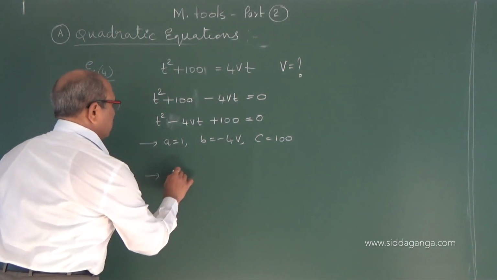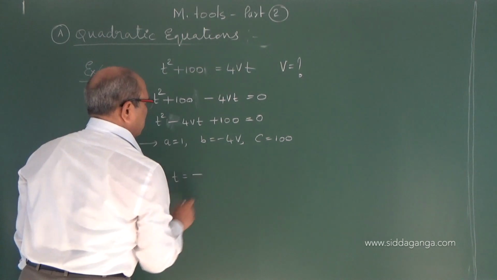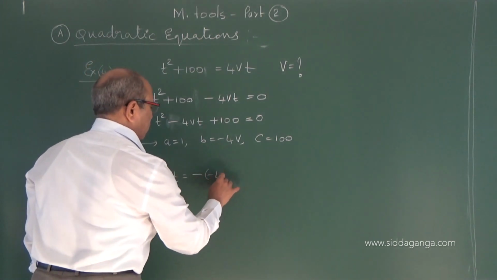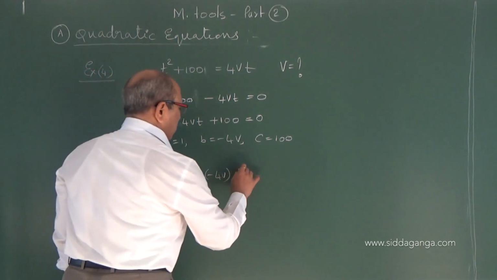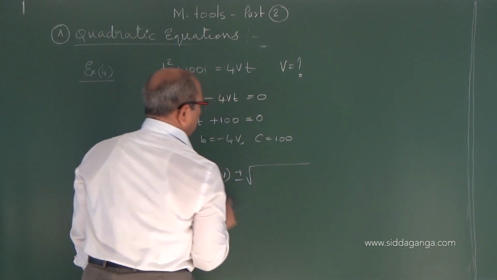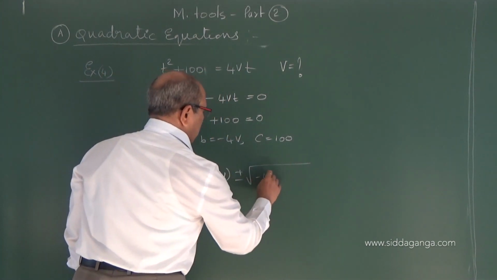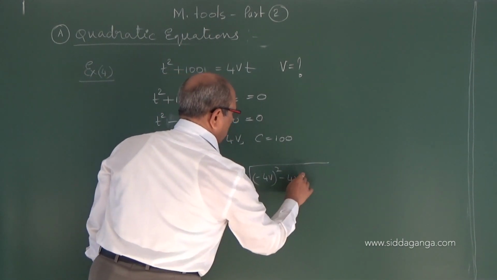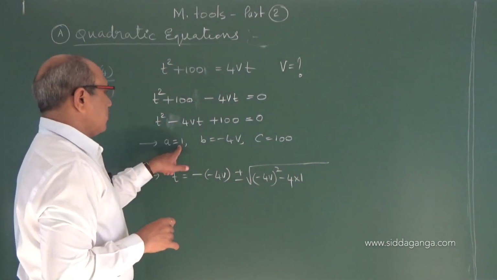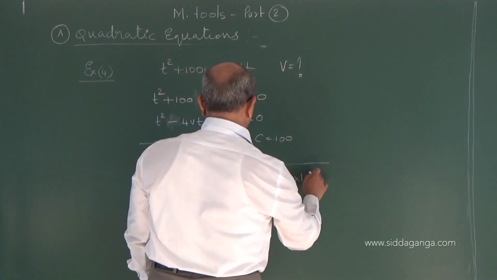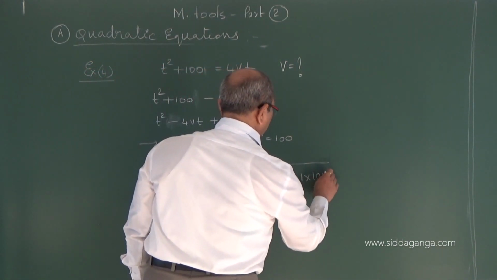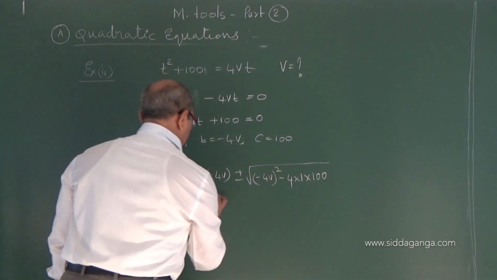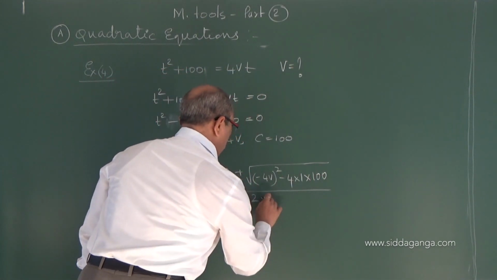Roots for this: t equal to minus b, minus of minus 4v, plus or minus root of b square minus 4ac, that is minus 4v square minus 4 into 1 into 100, divided by 2 into 1.